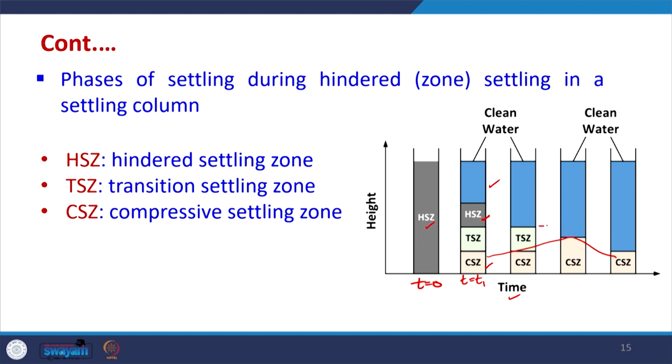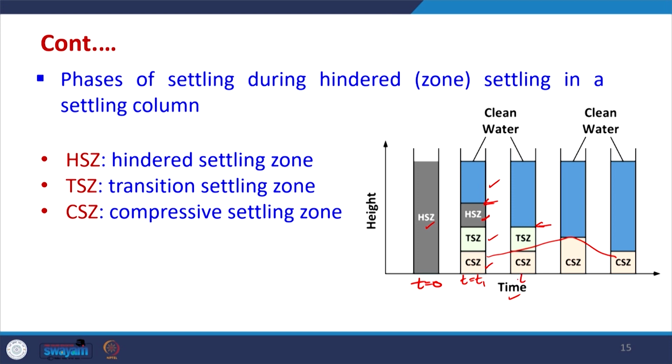So, we can see this zone more as compared to any other zone. Most of the solids are below the clear water zone, and above that we have clear water, and below that we have water which contains lots of solids. So, we have the transition settling zone, and the compression and hindered settling zones.